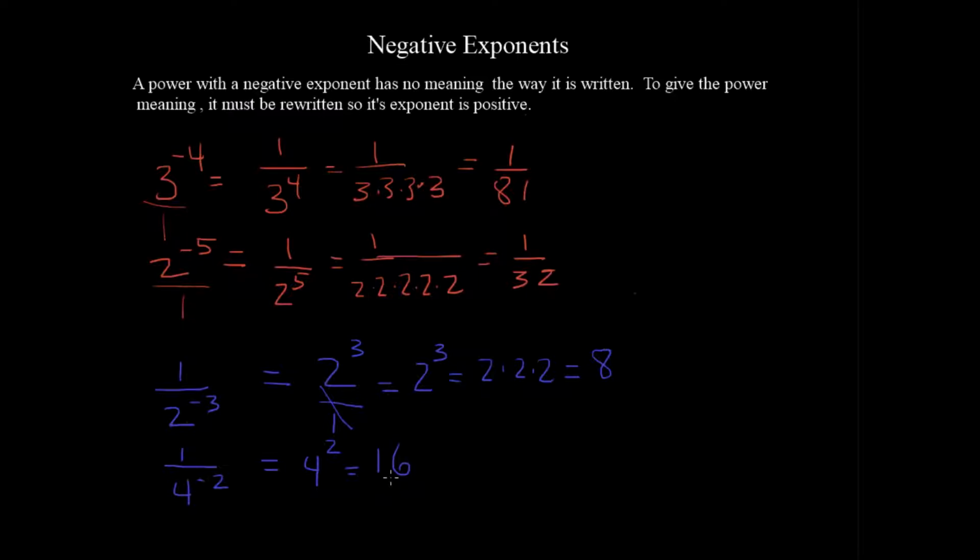Now, if you've got something that looks a little more complicated, let's change colors here so we can see something different going on. Let's say you had something like this: 3 to the 4th power times 6 to the minus 5th power, over 5 to the minus 2 times 7 to the third power.